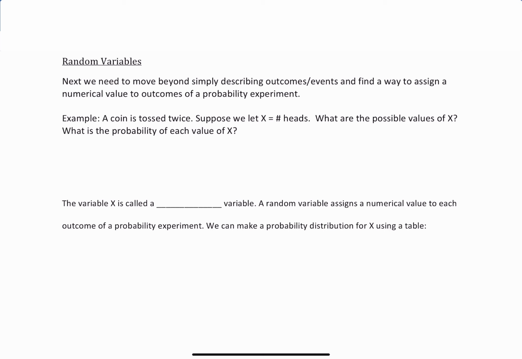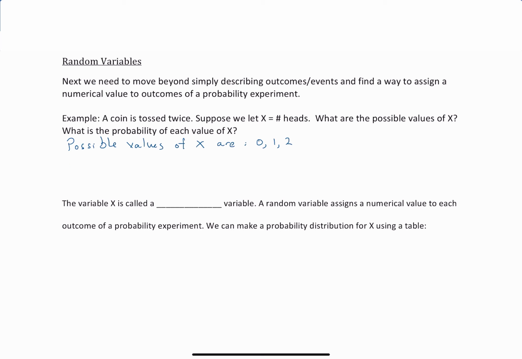So the possible values of X are, you could have no heads, 1 head, or 2 heads. What's the probability of each value of X? Well, we just computed that above.